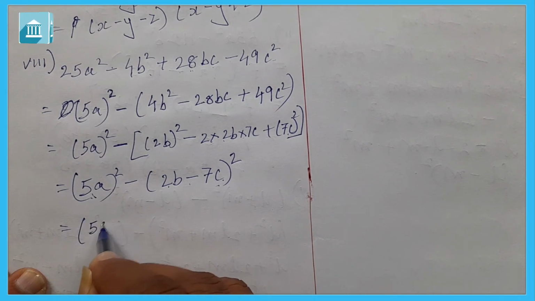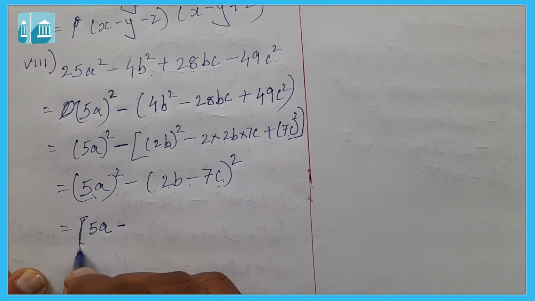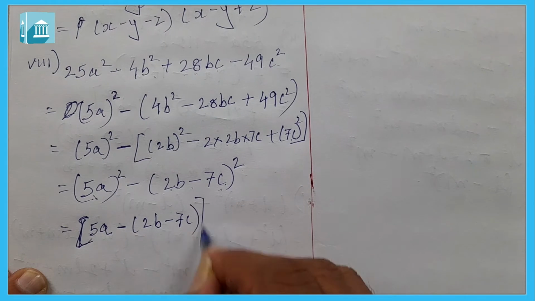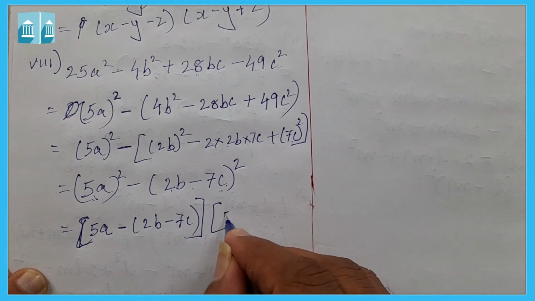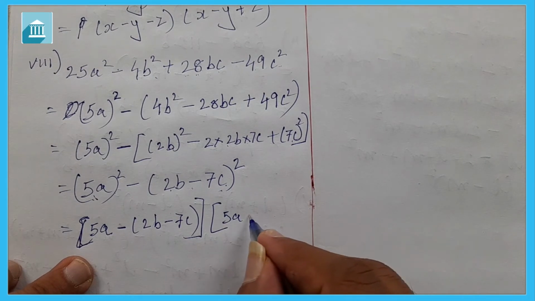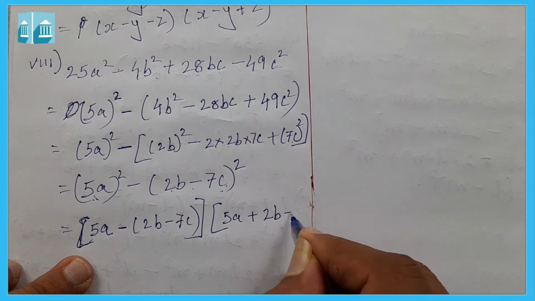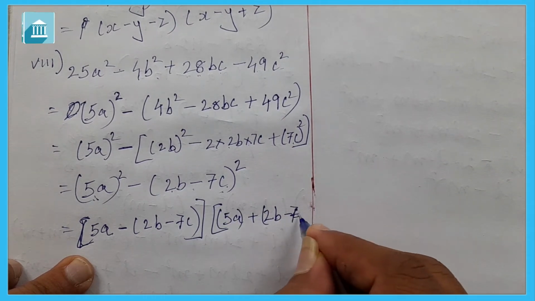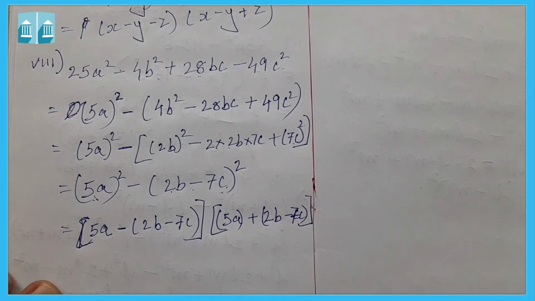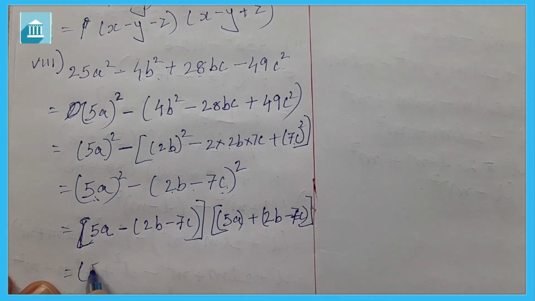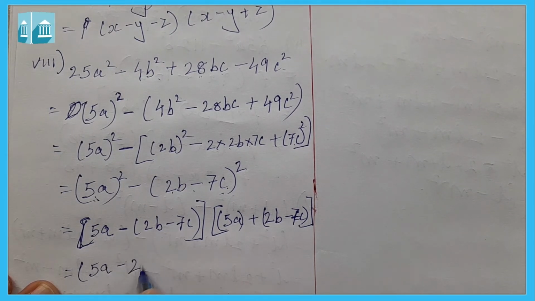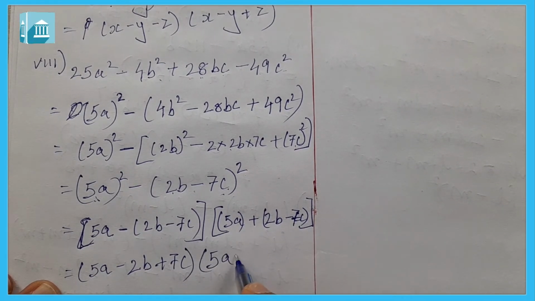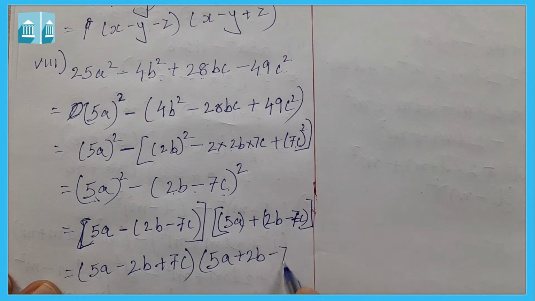So the answer is a minus b and a plus b, that is 5a minus (2b minus 7c) and 5a plus (2b minus 7c). If you open the bracket, it will be (5a minus 2b plus 7c) into (5a plus 2b minus 7c).